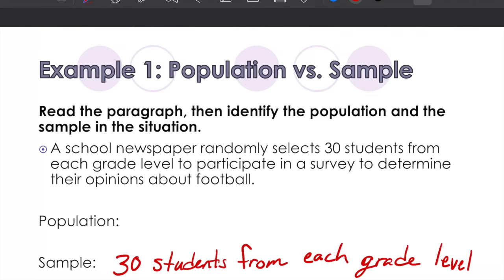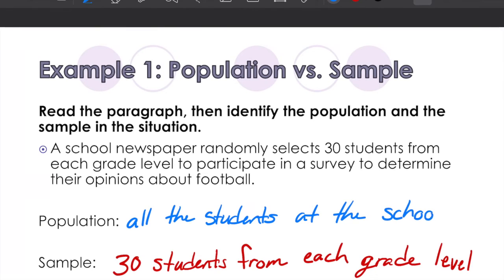If you think about it, they're just trying to find opinions about football. Well, they sampled 30 students from each grade level, and this was a school newspaper. So who are they trying to find information about? Who's the big group that they're choosing the 30 from? They're trying to find information from the entire school. So all the students at the school.